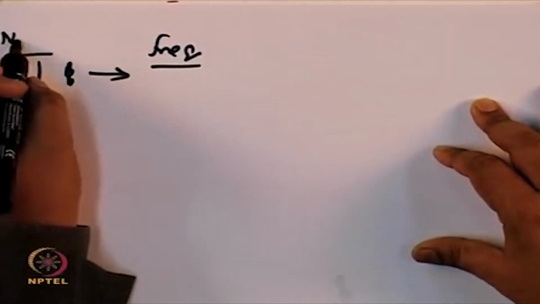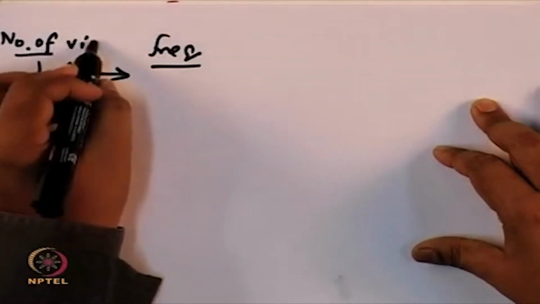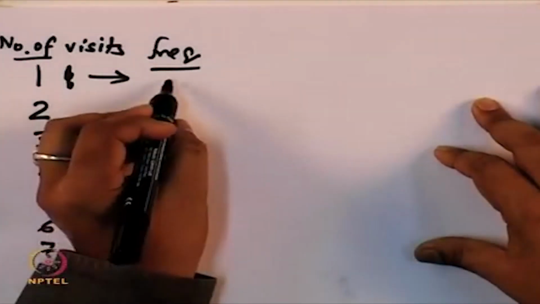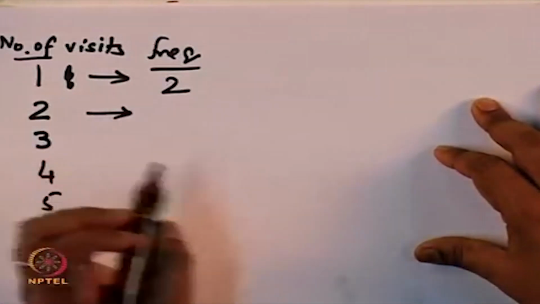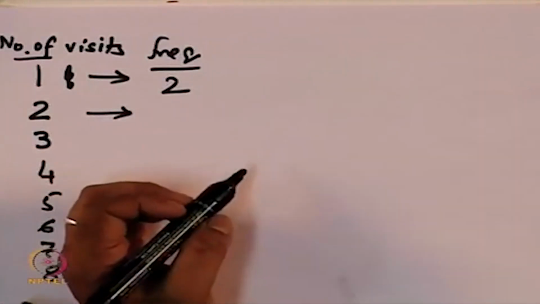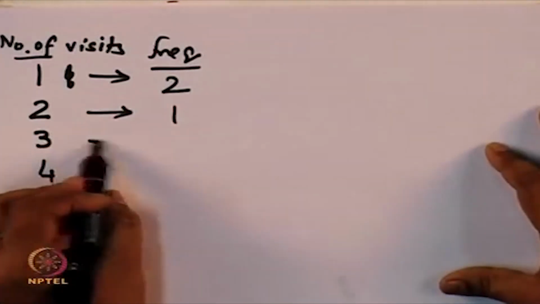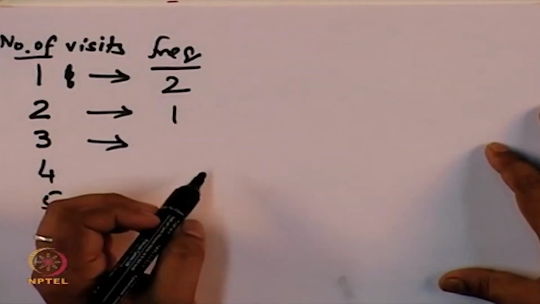We have the number of visits and the frequency axis. So, for number 1 the frequency is 2, and the frequency of 2 is only 1, right. Frequency of 3 is 3.